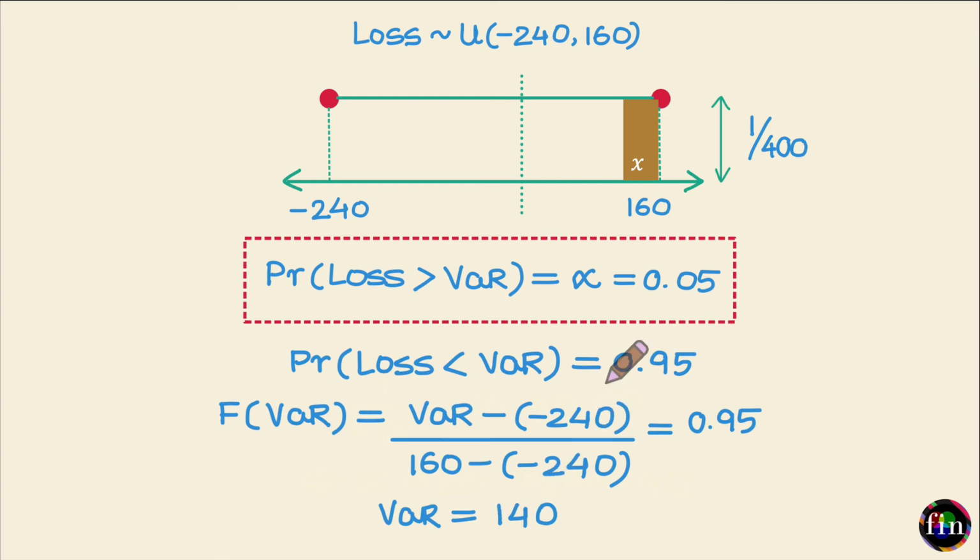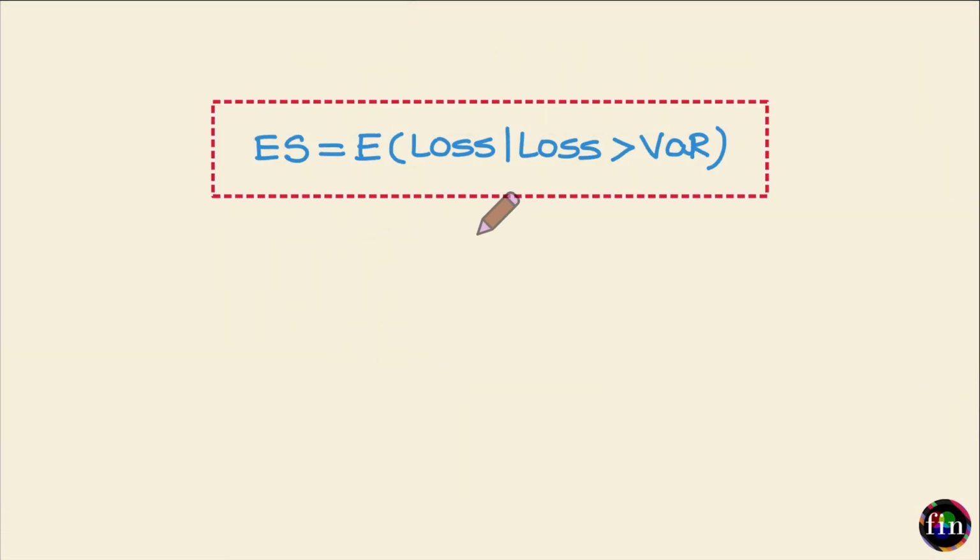Now that we have the VAR with us, we can proceed to calculate the expected shortfall. Recall the definition of expected shortfall. It's simply a conditional expectation of your loss conditional upon loss being greater than VAR. This VAR is worked out at the same level of confidence and using the same horizon as the expected shortfall that we are trying to calculate.